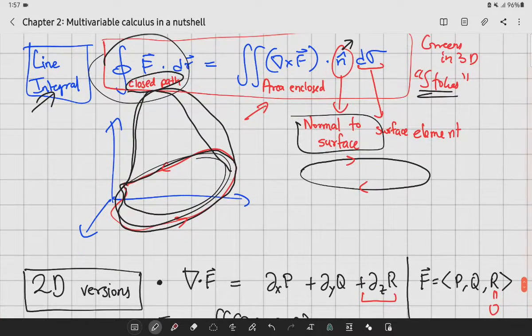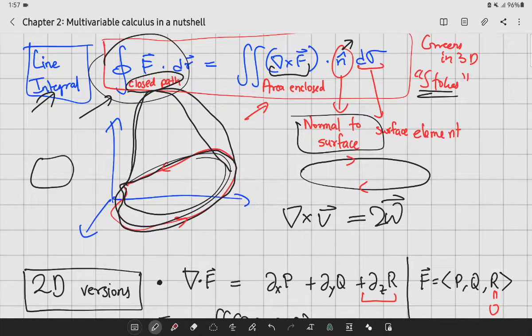But first, let's look at the interpretation of the curl, this quantity here. The curl of a field, if you have a velocity field, will give you 2 times the angular velocity. How's that? Well, on the left-hand side, you have a closed loop.